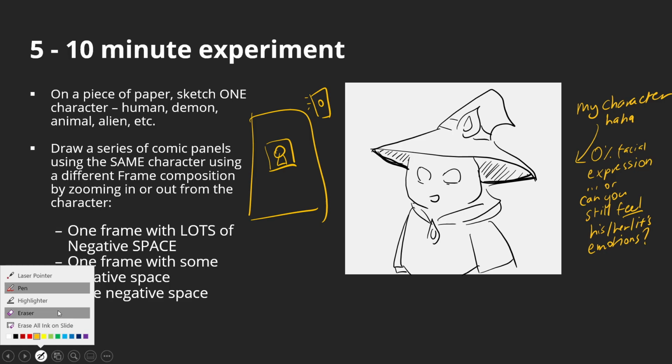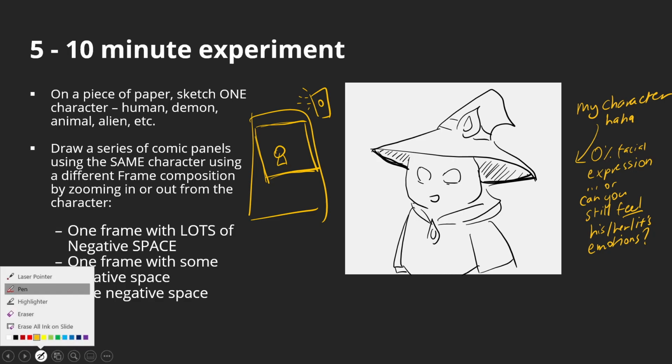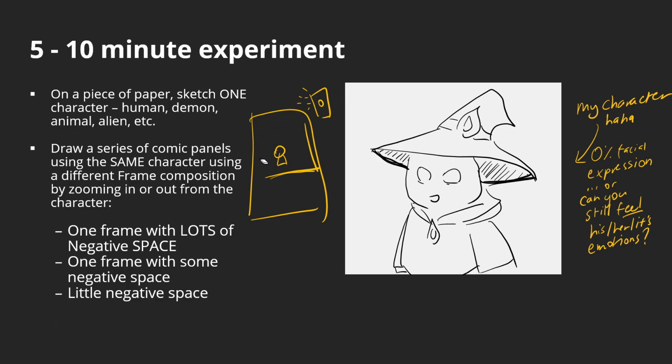Then after that, you can erase the frame and reposition the character, like keep the character as this, but then you just redraw the frame, maybe make it very very big, and then you take another photo, and then you do it the third time, right? But maybe squeeze your character into a very tight frame. You can erase the part outside if you want to.